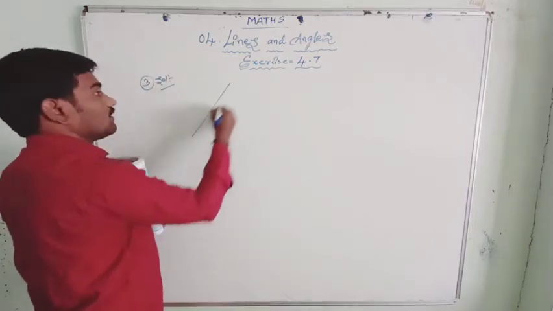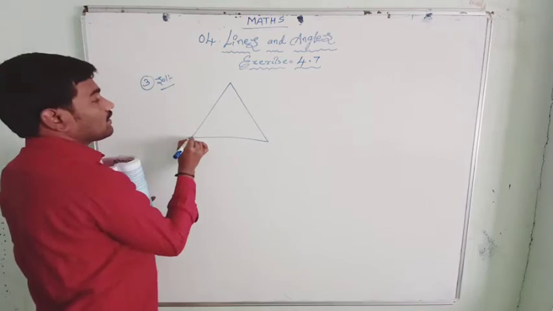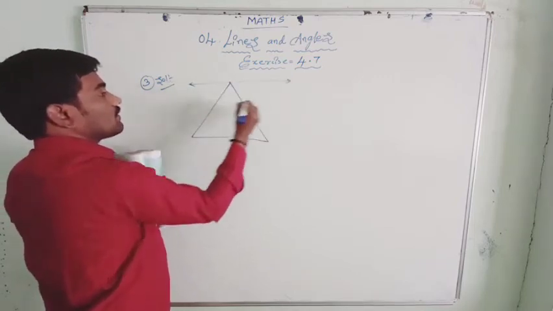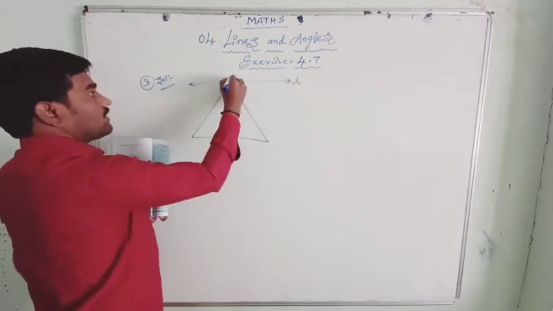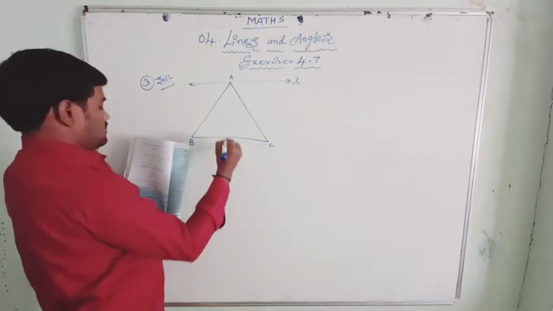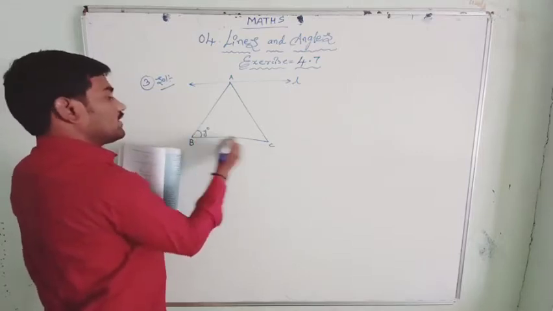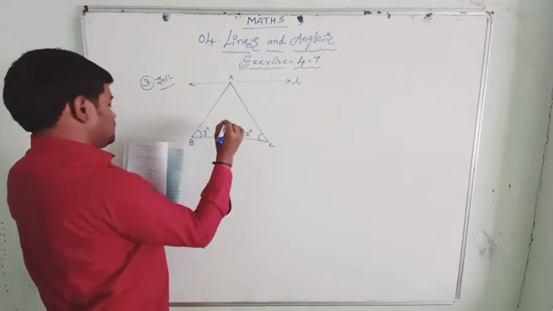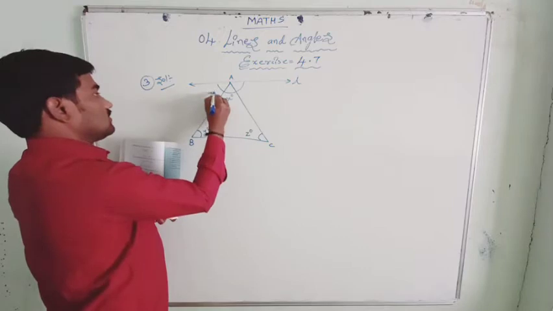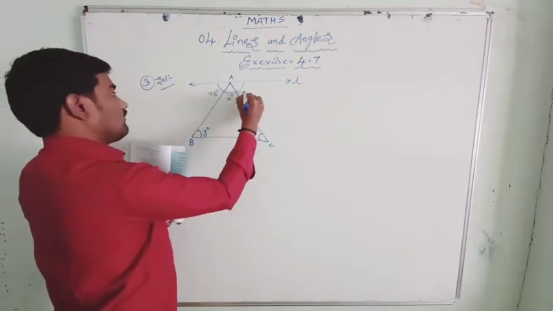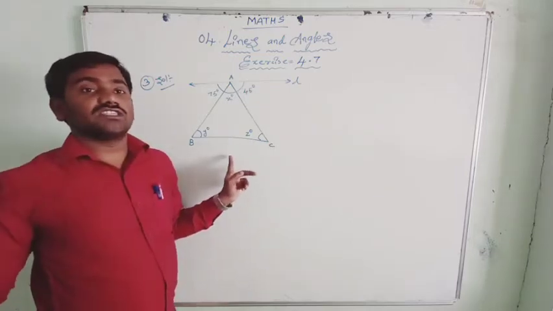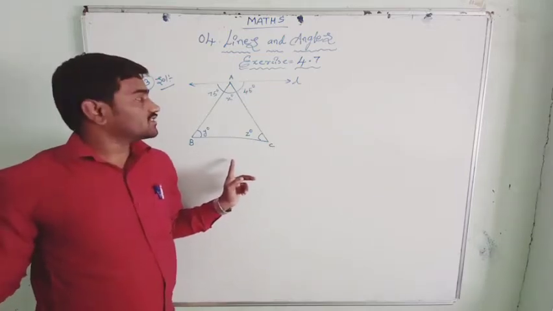Suppose there is a triangle here and there is a line L, and there is B and C here, y degrees, z degrees, x degrees, 75 degrees and 45 degrees. We need to find the x, y, z values in this figure. So let us find x, y, z.